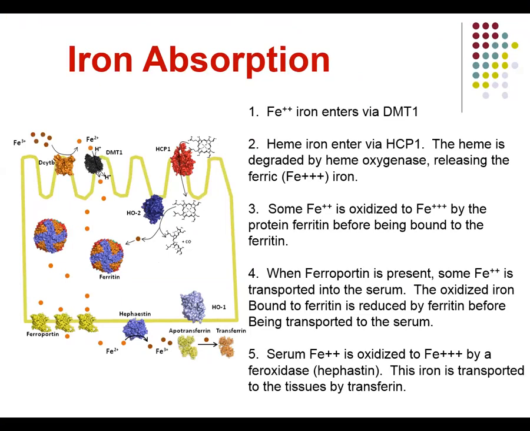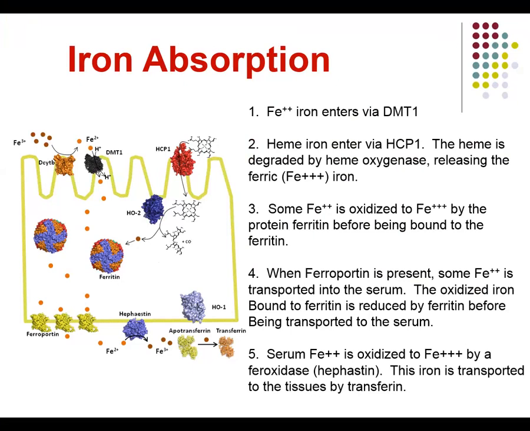Ferric iron needs to be reduced to its ferrous state, a reaction that is catalyzed by duodenal cytochrome B. Once the iron is in the enterocyte, it is oxidized and stored in the protein ferritin, or it can exit the enterocyte through the channel ferroportin.